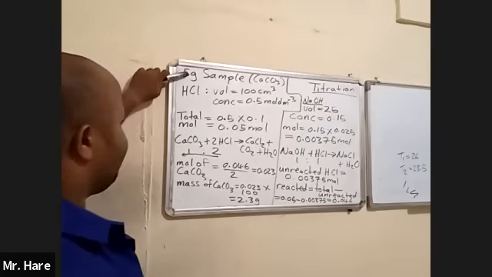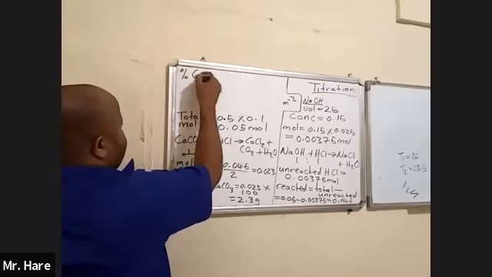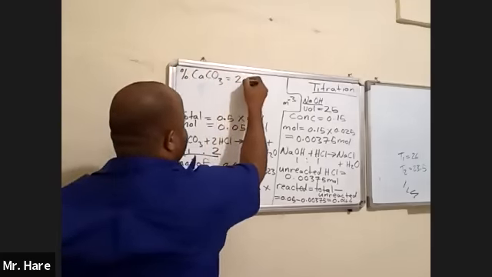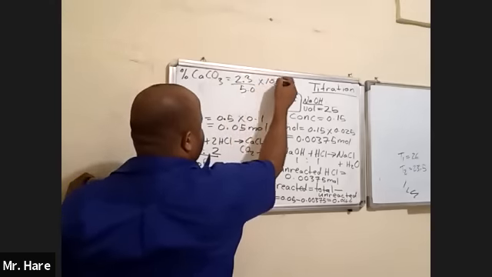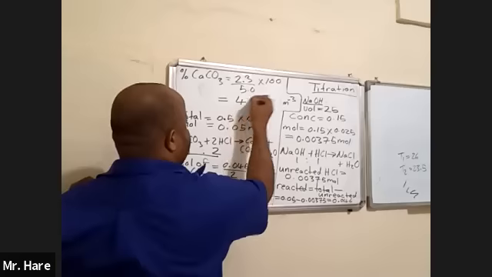Sir, I will put 2.3 over the 5 grams, times 100. That is correct. So I'm just going to erase up here. So the percentage of calcium carbonate is 2.3 divided by 5 times 100. And what's our answer? 46%, sir. All right.